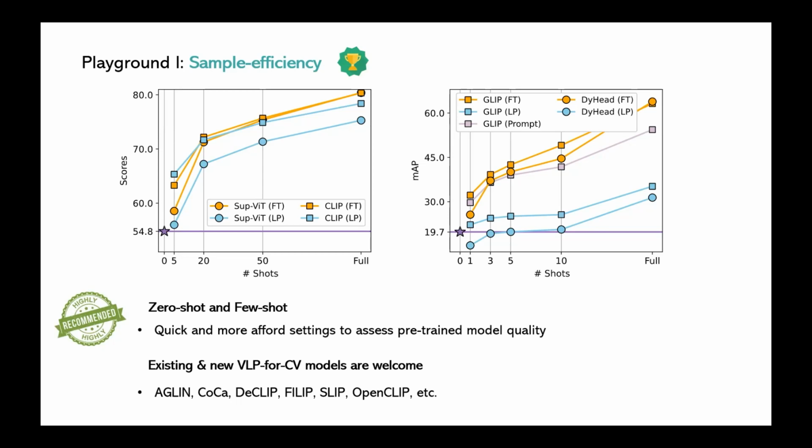We recommend using zero-shot and few-shot as a quick and cheap approach to evaluate the model performance, especially for teams with limited compute resources. I think zero-shot and few-shot are enough to evaluate the quality of the pre-trained model, and these are also the settings where the pre-trained model can benefit the most.